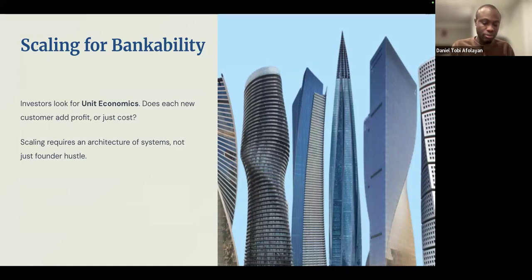Now, as we know that we have the law of double jeopardy, how do we scale? It is not all jeopardy, it's not all tragedy with marketing. There must be a way to scale for bankability, for growth, for revenue.